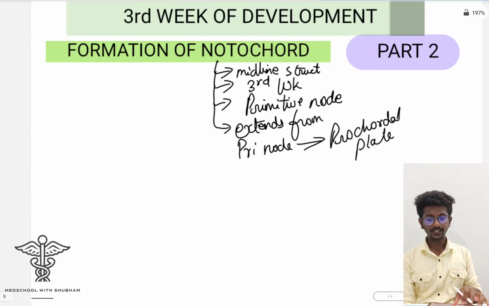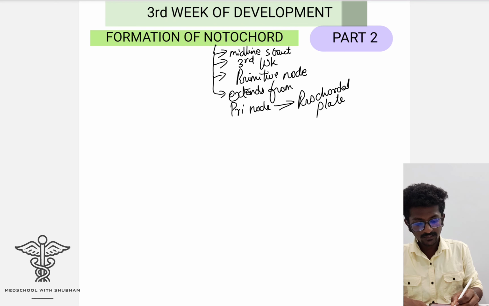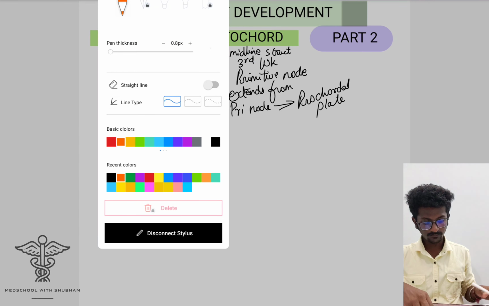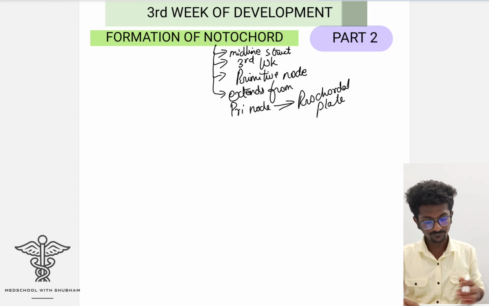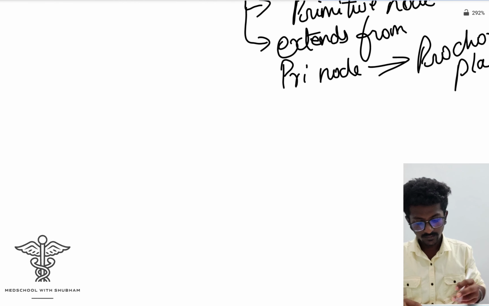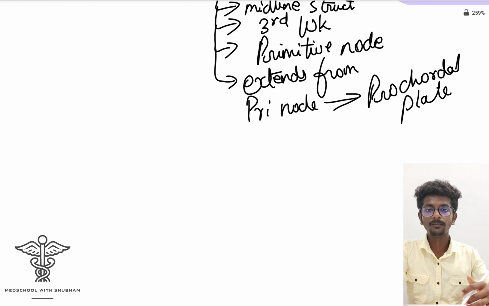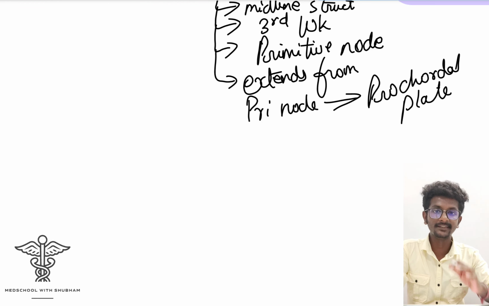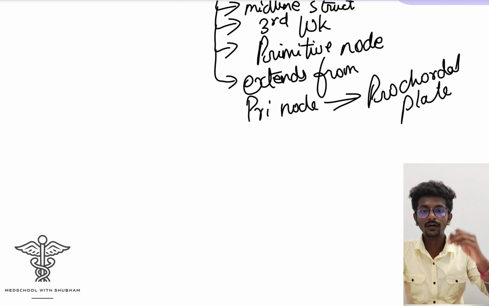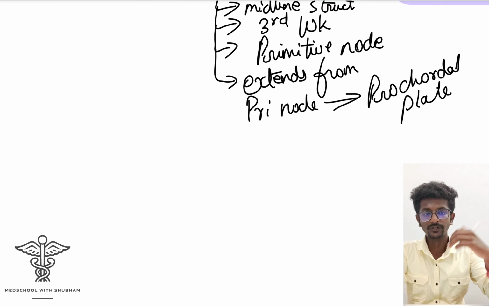So now we will be learning about the formation of the notochord. Guys, in my previous lecture, I taught you about the process of gastrulation. So here the gastrulation has taken place completely. Now we have the definitive ectoderm, the intraembryonic mesoderm and the definitive endoderm.